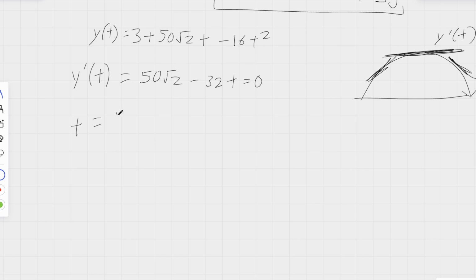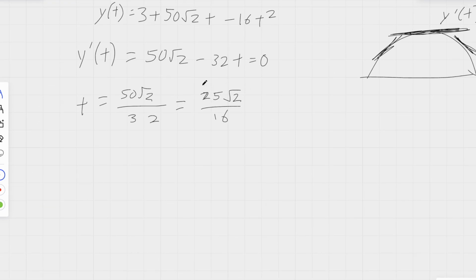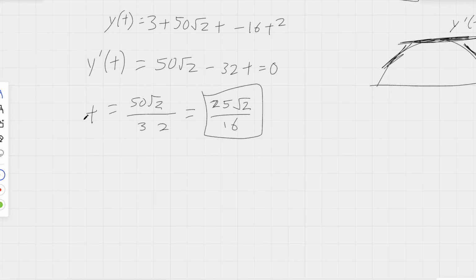We get t is equal to 50 root 2 over 32, and we can simplify that to 25 root 2 over 16. So when the baseball reaches its maximum height, this much time has elapsed. We can actually back substitute t into its y component to find the maximum height.